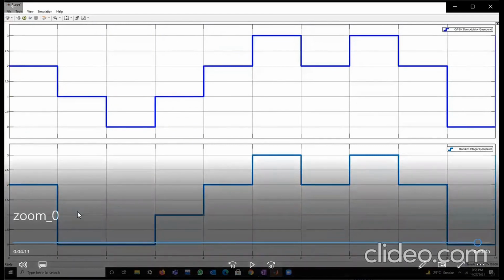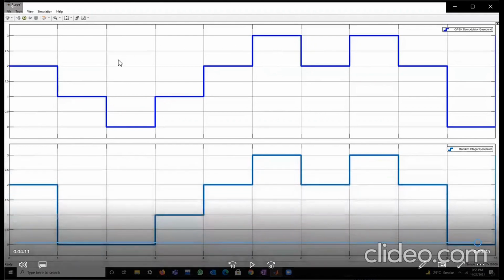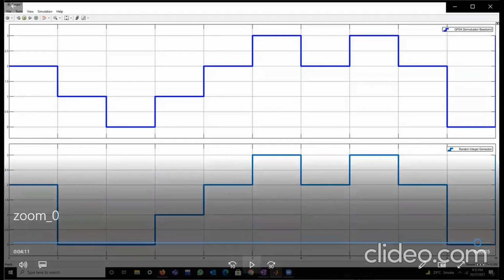So during transmission, the bit was supposed to be 0, but at the receiving end, we have received bit 1. So this is the one error bit that has been generated. And when we see the rest of the waveform, it is the same as the input. So we can cross-verify from the waveform that a total of one error bit has been generated in the entire transmission.